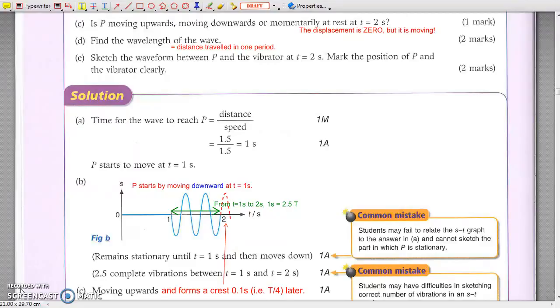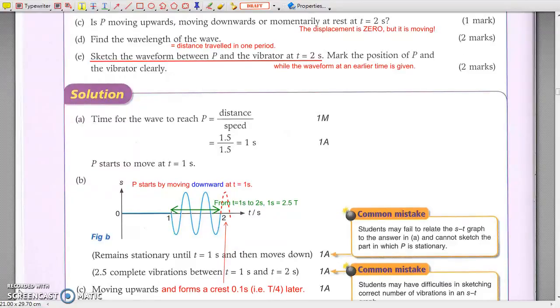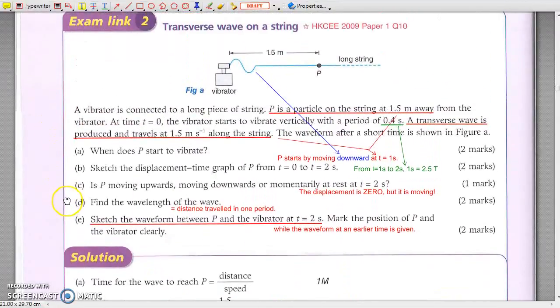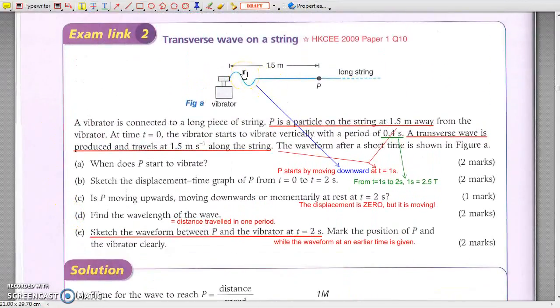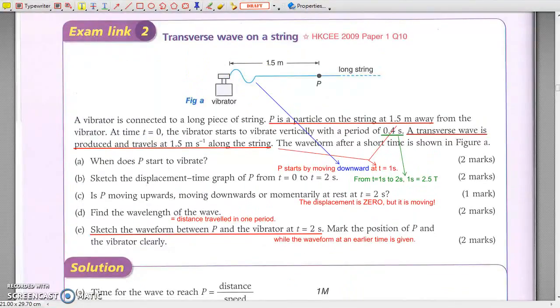For part E, you have two approaches. Number 1, you may deduce the waveform, which is the displacement position graph, from the displacement time graph in part B, which is known to be difficult. Number 2, you may deduce the displacement distance graph from the given picture. But beware that the picture is not drawn in scale.